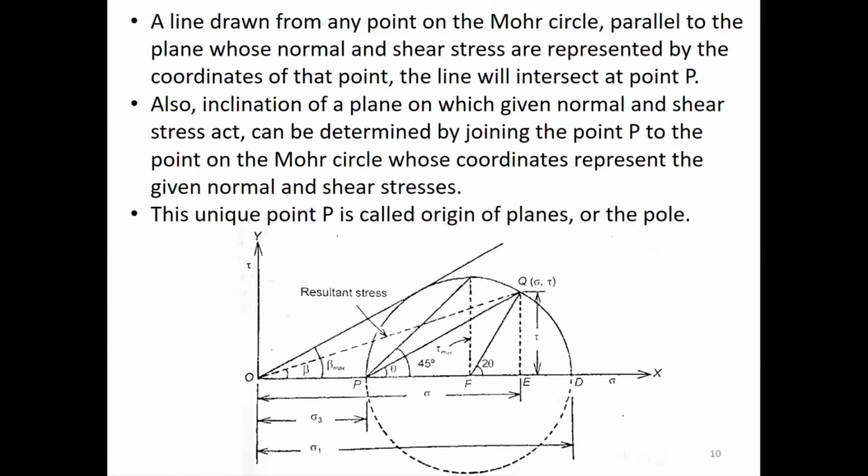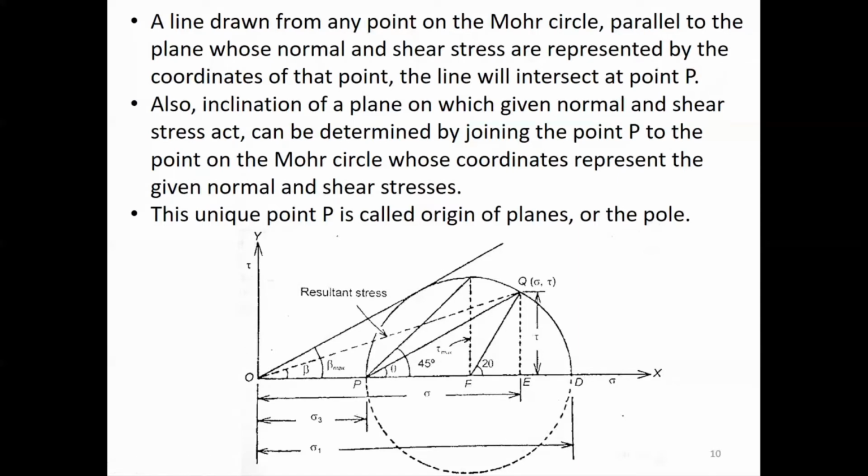Another thing I want you to understand is that this major principal plane OX is the simplest case you can get, because in this case the major principal plane OX is like this. It is not inclined. Sometimes the major principal plane can be inclined.